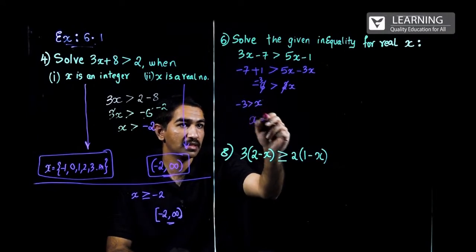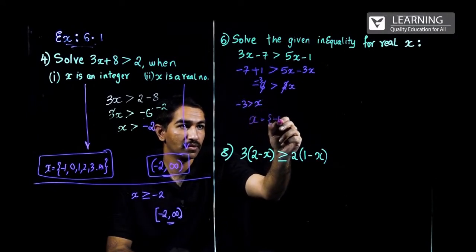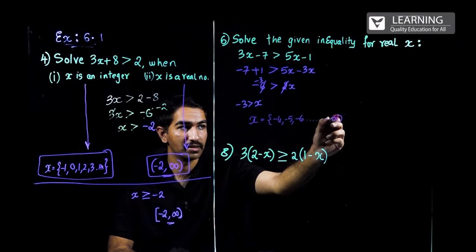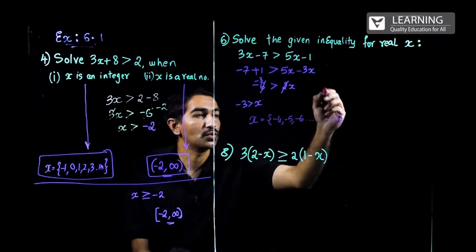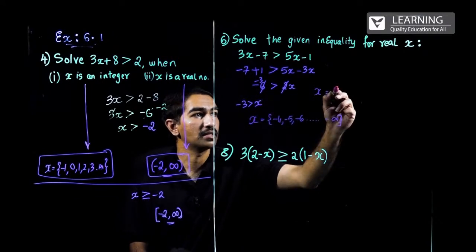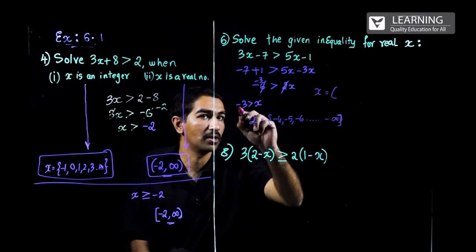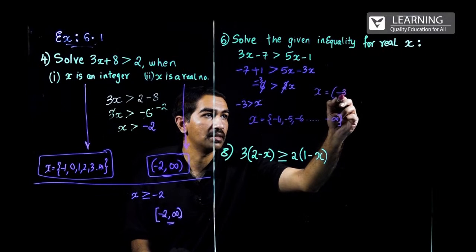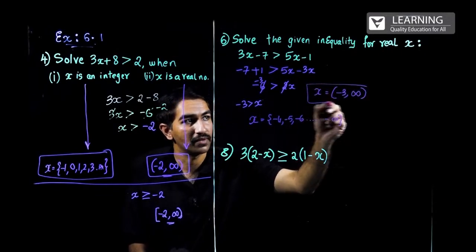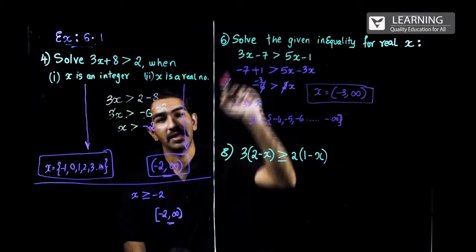So lesser than minus 3 is nothing but minus 4, minus 5, minus 6. This is going on until minus infinity. So this is our values of x. So here we can write like this, x is lesser than minus 3. So open the curved bracket, means we are not including minus 3, minus infinity comma minus 3 curved bracket. So these are the values of x which will satisfy the given inequality.